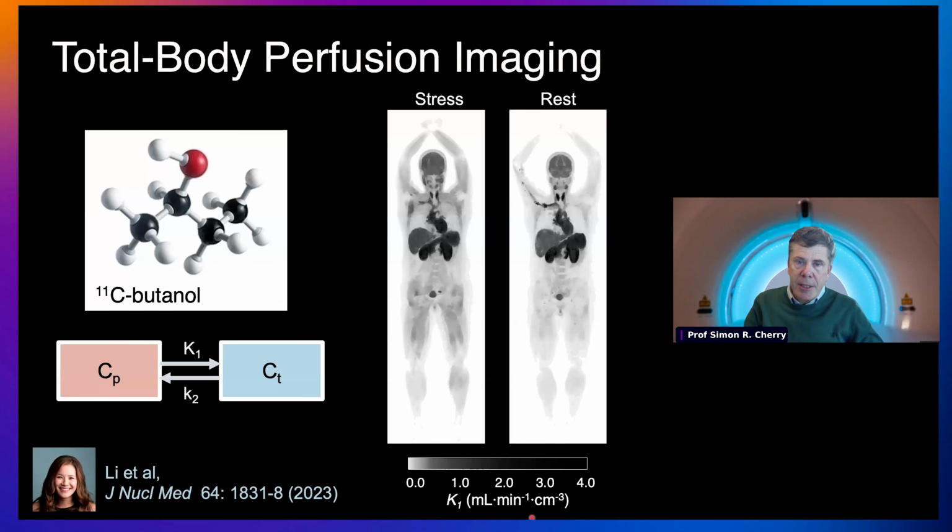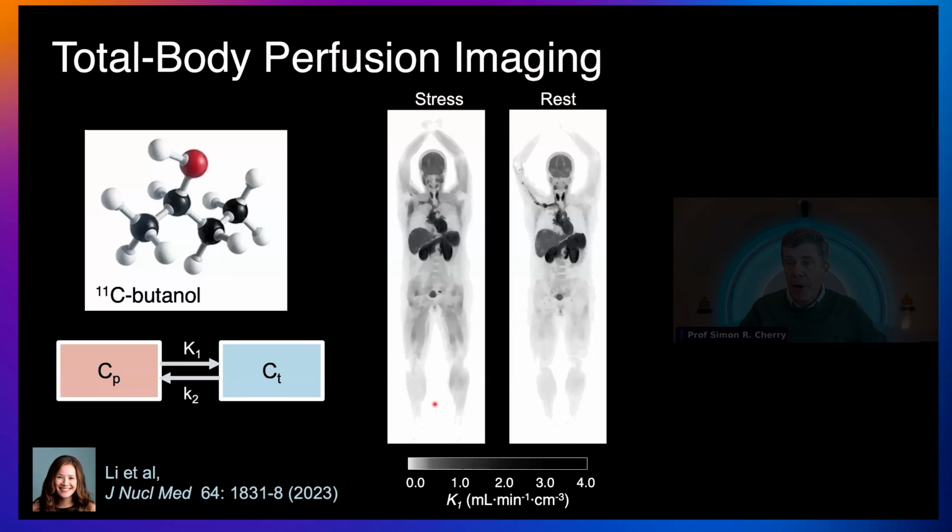And this is a paired study where we're doing a total body activation paradigm. So we have the subject at rest on the right-hand side, and then we do a second scan where we impose a physiological stress test on the subject, which in this case was putting their feet into ice cold water while we were injecting, which invoked a stress to the system, widespread changes in perfusion, and we can measure that in every organ of the body.